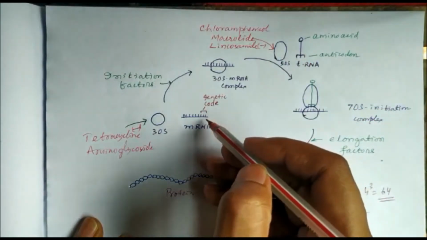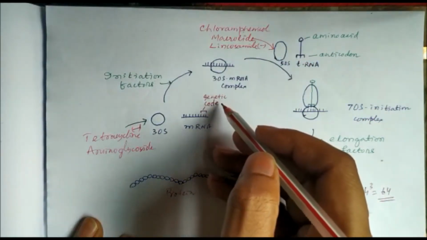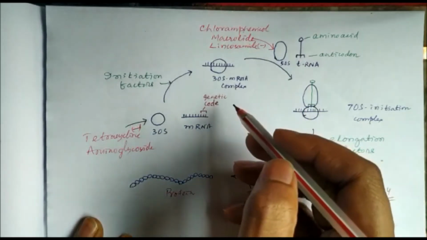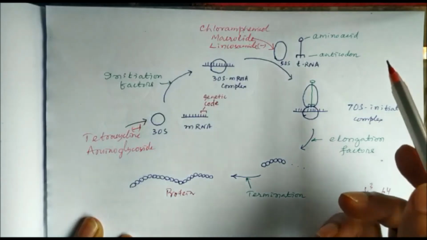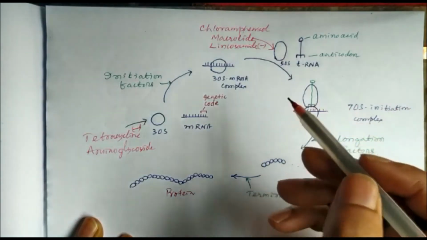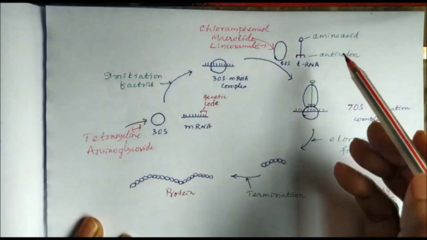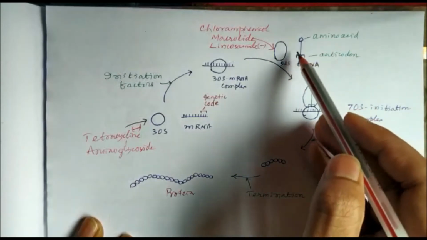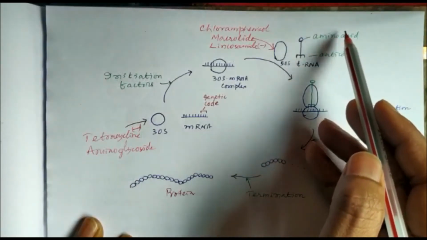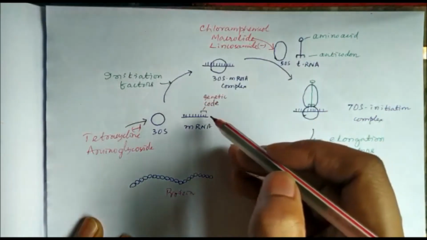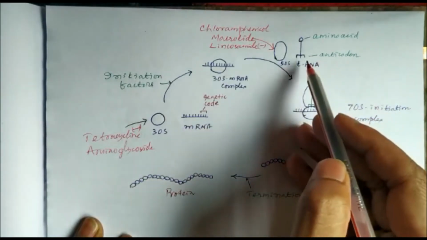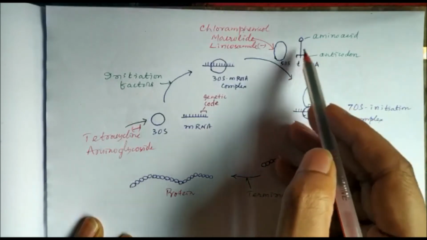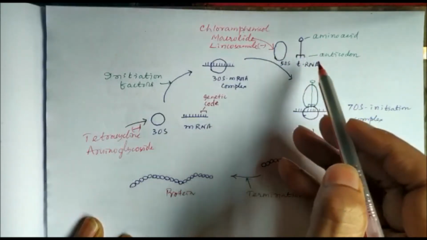Messenger RNA has the genetic code required for the protein to be synthesized, and as you know, the protein consists of amino acids. The transfer RNA provides the amino acids by recognizing the genetic code, or codon, in the messenger RNA through its anticodon in the tRNA.